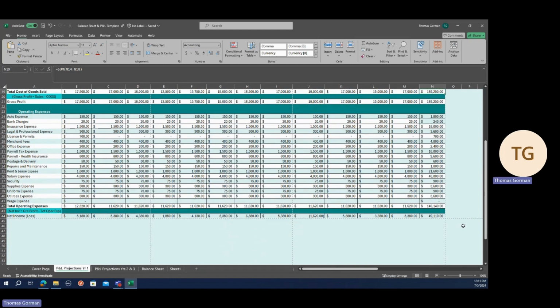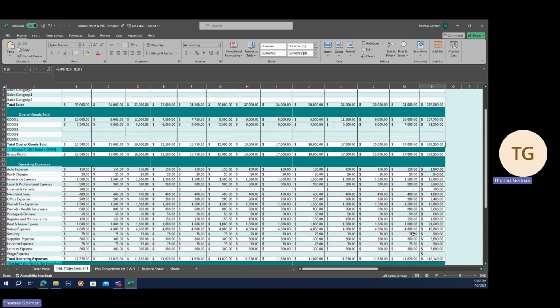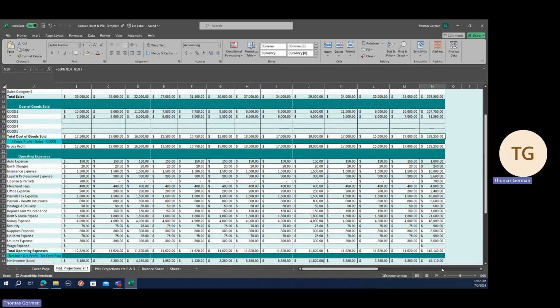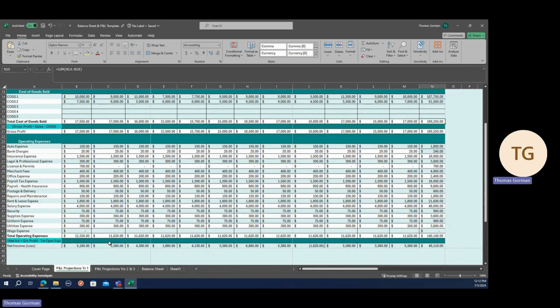Now, you can see with these numbers, we have profited every month. Remember, we said that our break-even points were going to be what our total operating expenses are going to be. For the month of January, they were 12,320. For every other month of the year, they were 11,620.